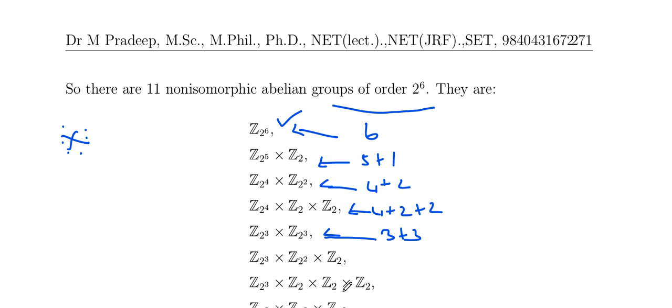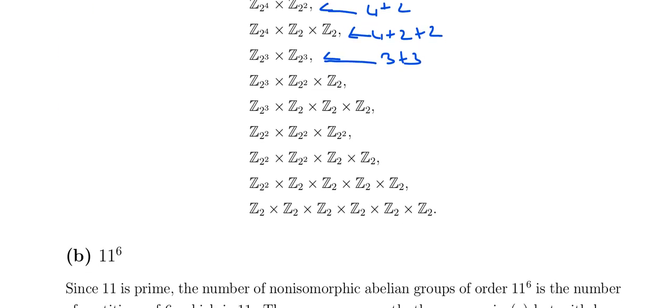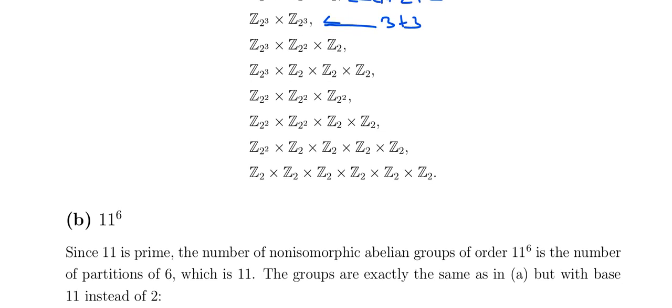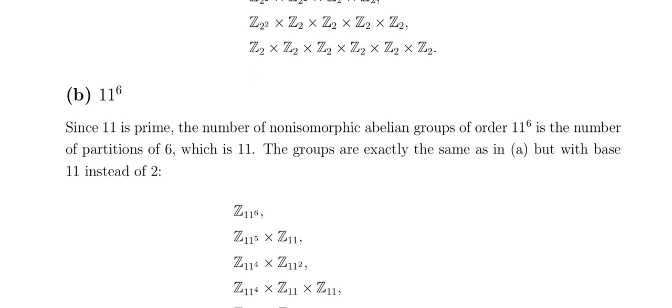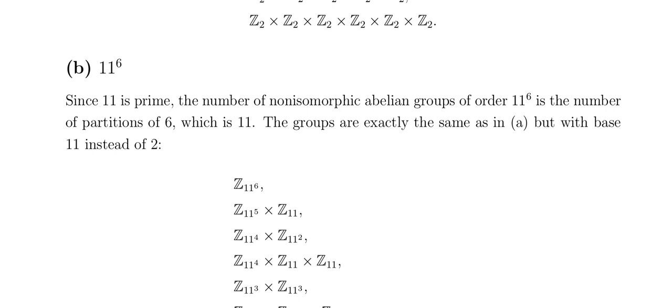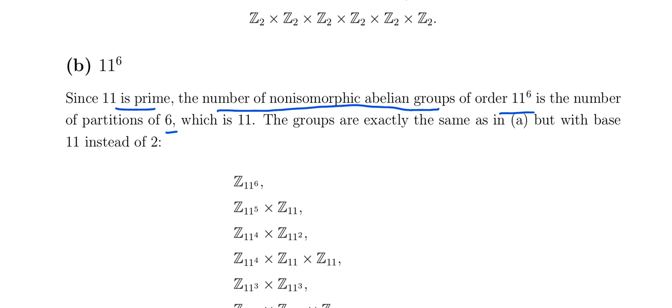So they can ask how many non-isomorphic abelian groups there are, finite abelian groups. We can express it like this. In the same way, take 11 power 6. Since 11 is a prime, the number of non-isomorphic abelian groups of order 11 power 6 is the number of partitions of 6, which is 11. The groups are exactly the same as the previous one; there the base was 2, here the base is 11, that is the only difference.